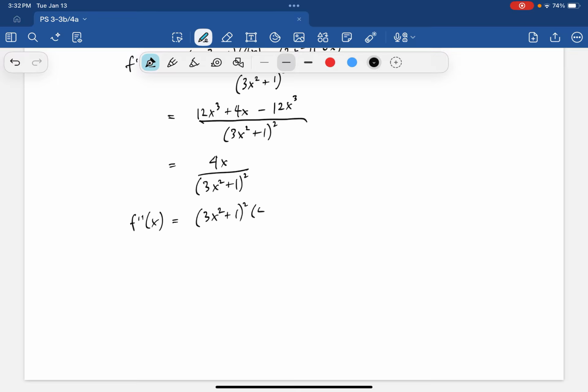Low d high minus high d low, chain rule, right?